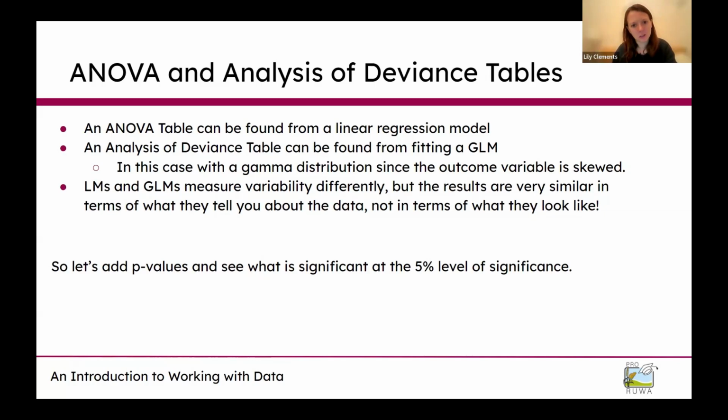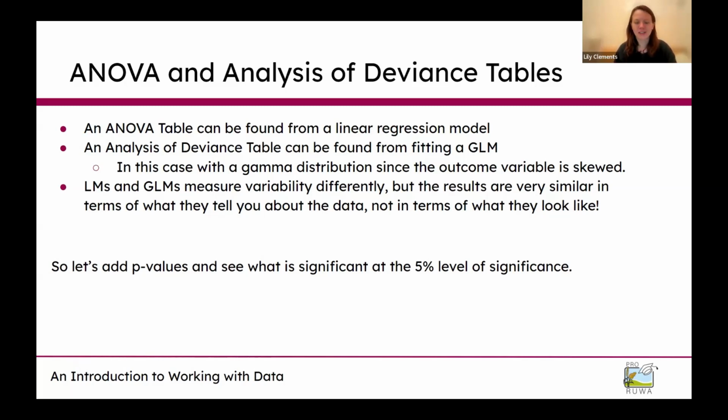A linear regression model can assume a normal distribution, and a GLM assumes a non-normal distribution. In this case, we use a gamma distribution because we saw that the outcome variable was skewed. So we tried that one out.